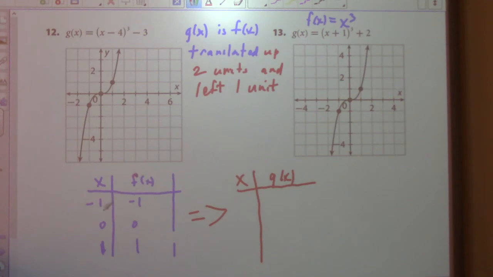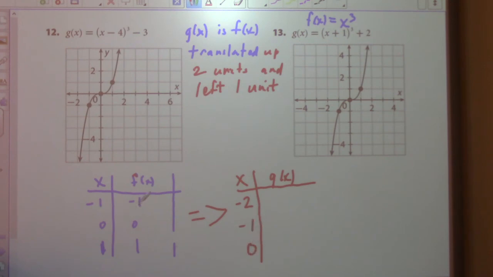The x's, okay. So left 1 unit. What's left of -1? -2, right? And left of 0 is going to be -1.